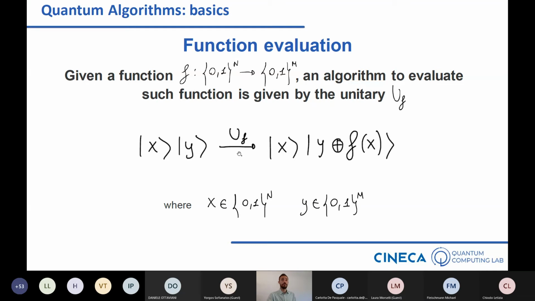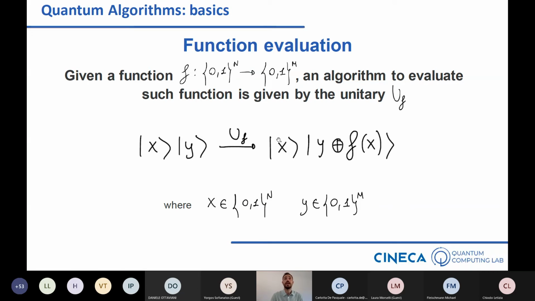And the action of U_f is the following. You have two registers, and you apply U_f, and what you get is that the value f of x is stored into the second qubit.